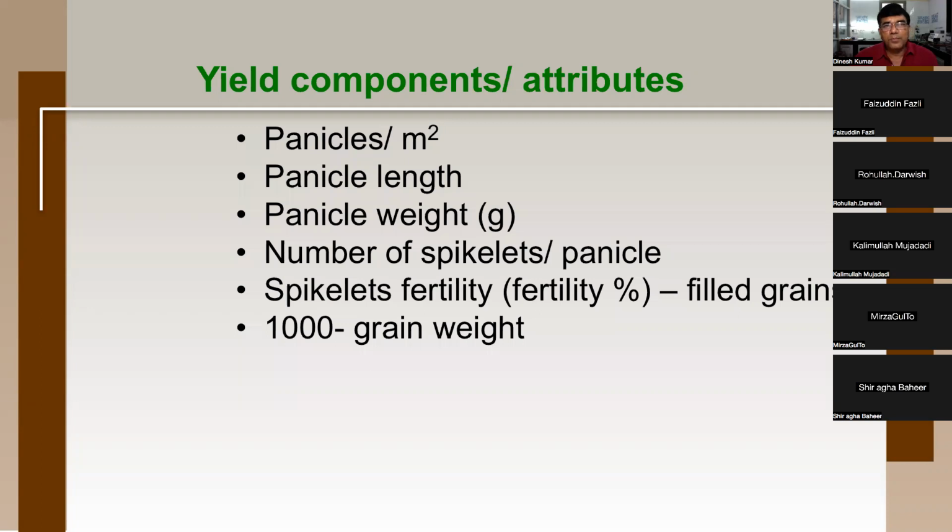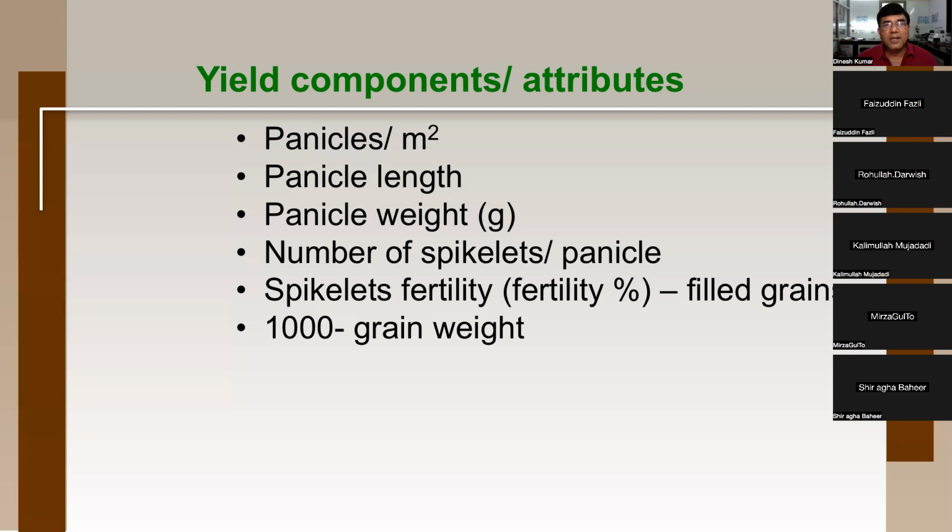Similarly, if you have a pulse crop, pulses like mung bean or black-eyed bean, lobia, cowpea, or any other pulses, in pulses, yield attributes are slightly different. You will have yield attributes like number of primary branches, number of secondary branches, total branches, and then number of pods per plant, how many plants are there in 1 meter square, number of seeds per pod, and then the 1,000 seed weight.